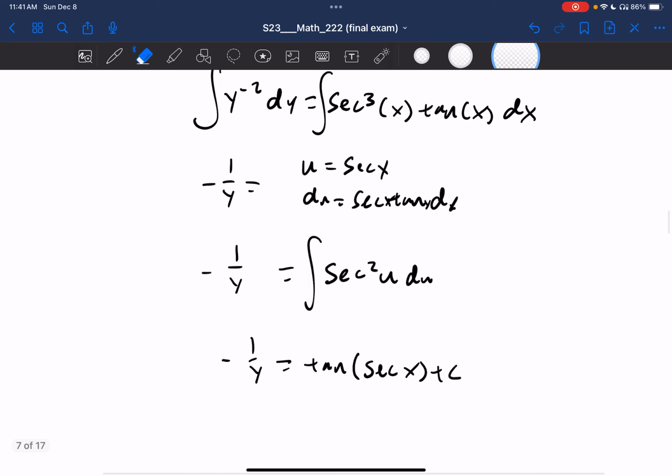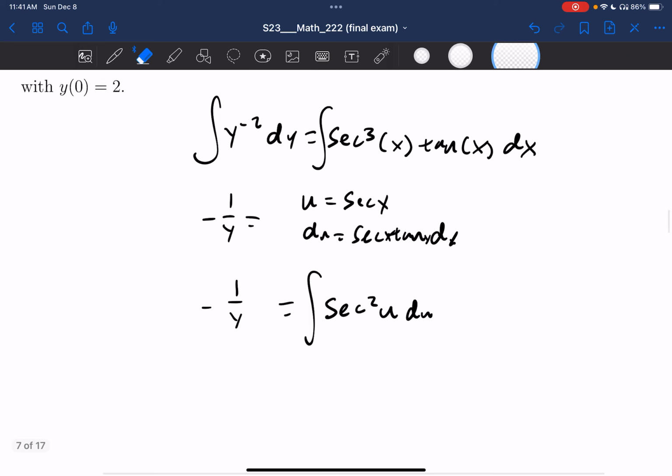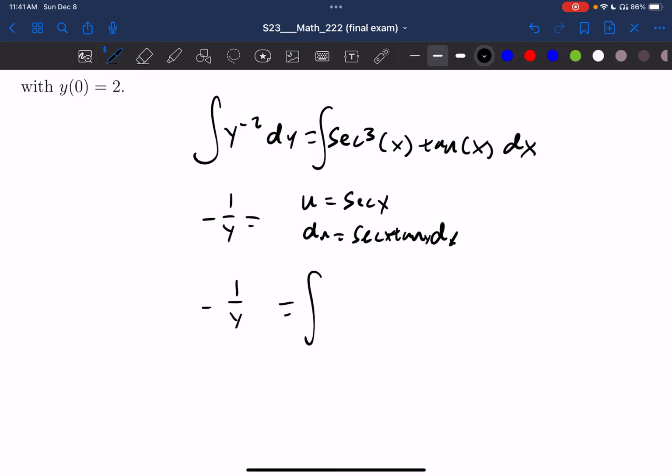And I think I did this completely wrong because I'm stupid, but actually, yeah. Secant x is this. I forgot to replace u with what it is. This is going to be secant squared, so it's going to be u squared du.